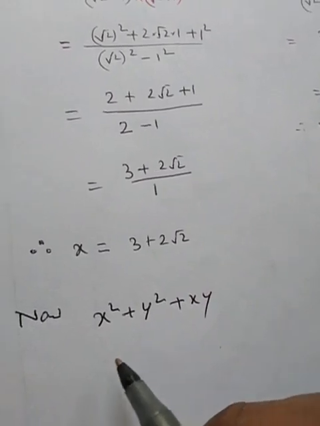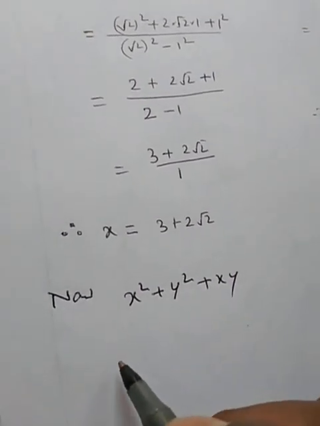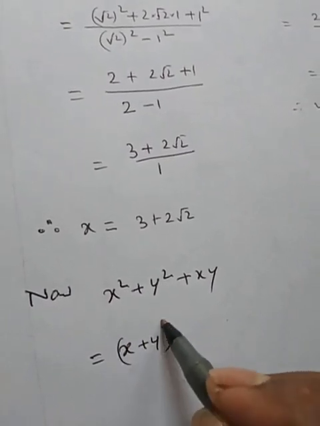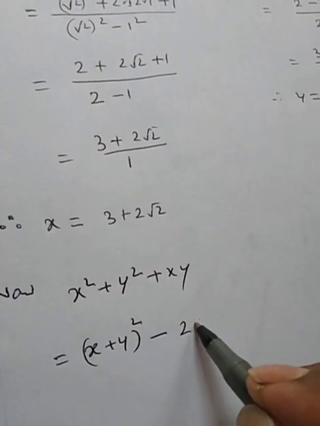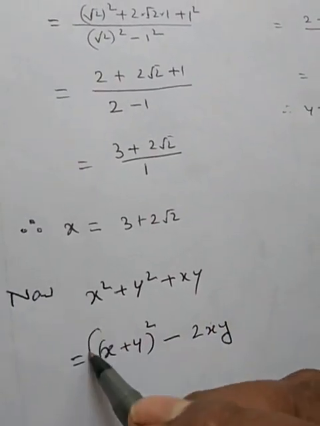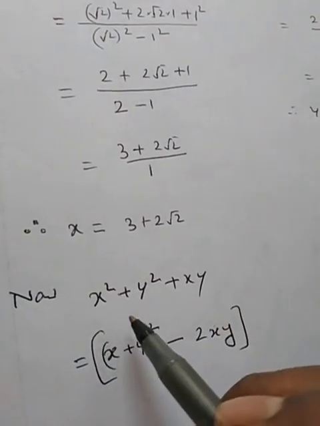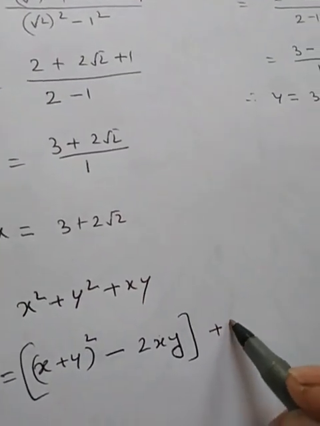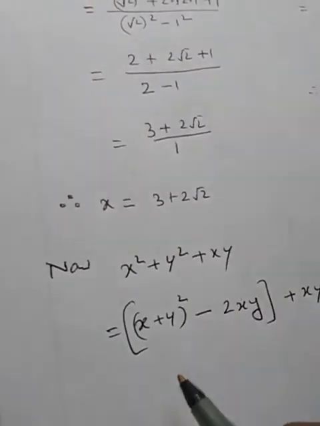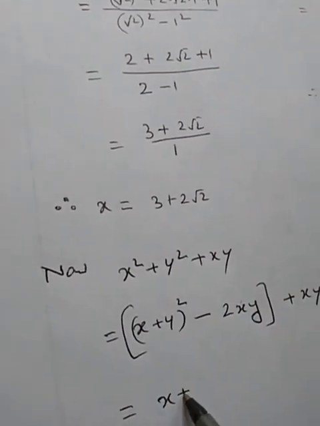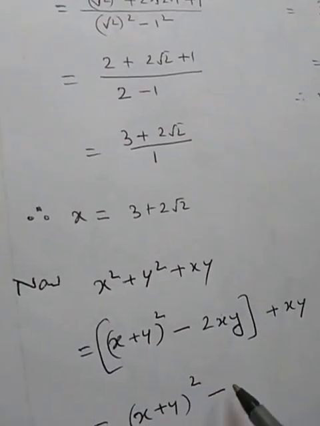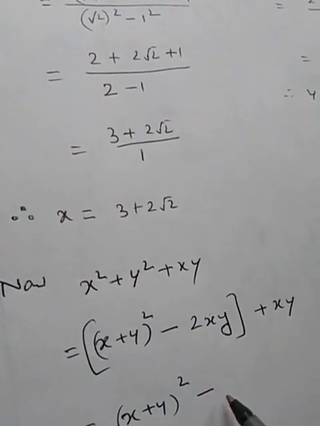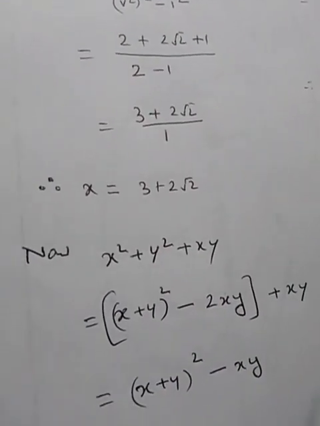The same one we will use here also, and x square plus y square you can write as x plus y whole square minus 2xy. This we have used in place of x square plus y square, and plus xy will remain as it is, that we have written here. So now this will become x plus y whole square minus 2xy plus xy. So minus 2 plus 1 will become only minus, so it becomes minus xy.